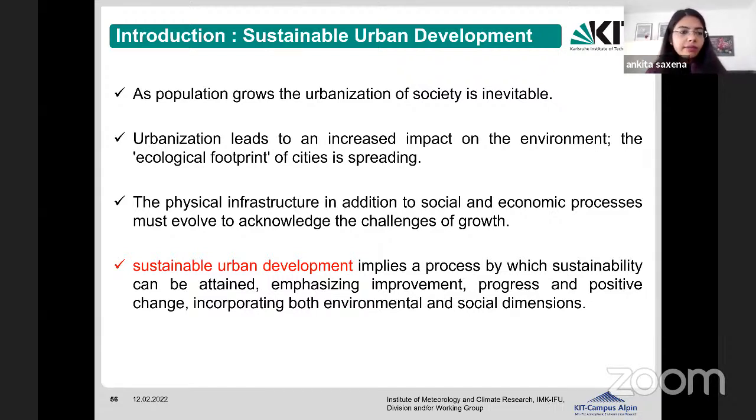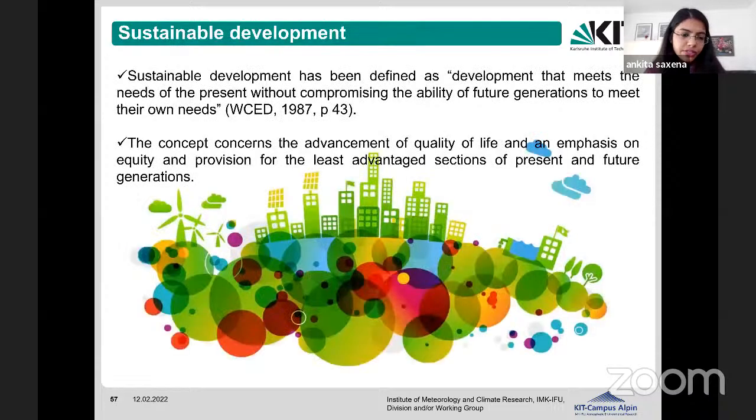The definition of sustainable development says: development that meets the needs of the present without compromising the ability of future generations. It's a very perfect definition, which is quite difficult to achieve. But yes, planners and policy makers are trying hard to achieve those goals. So how can they incorporate sustainability into our day-to-day life?